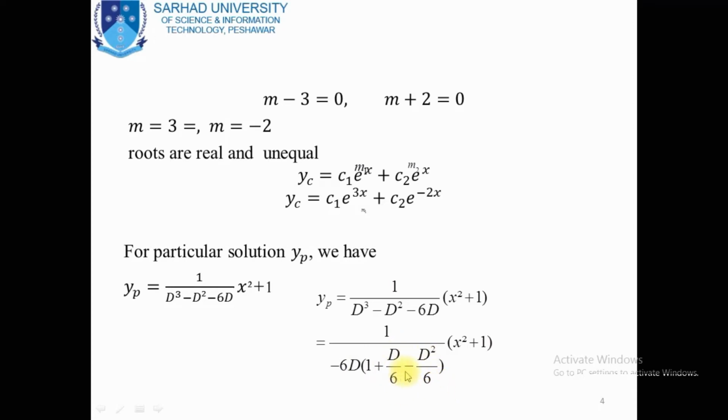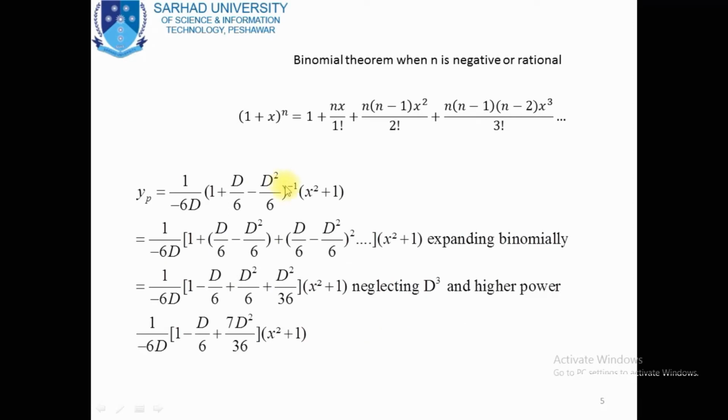Now to obtain the binomial expansion, you see over here 1 over minus 6D into 1 plus D by 6 minus D square by 6, to the power minus 1.